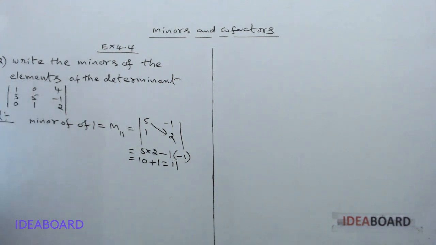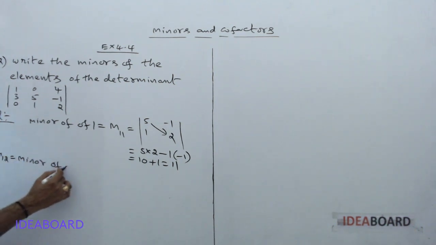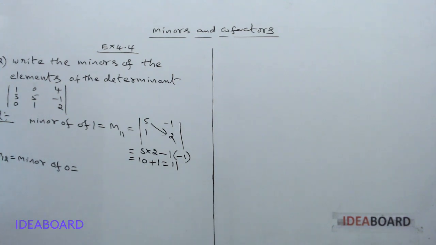Next, minor of the element 0. It is M12. Minor of 0 equals... the element 0 lies in the first row and second column. So we have to remove the first row and second column.